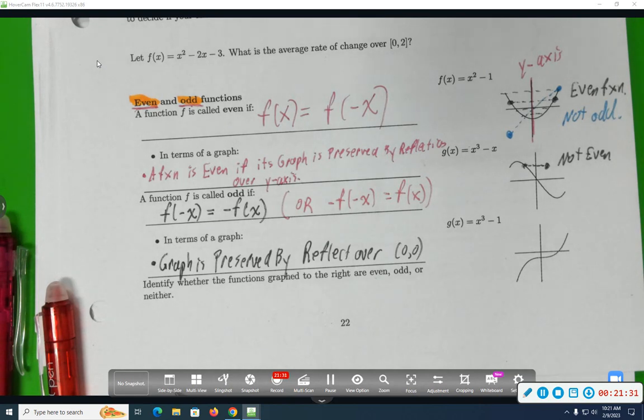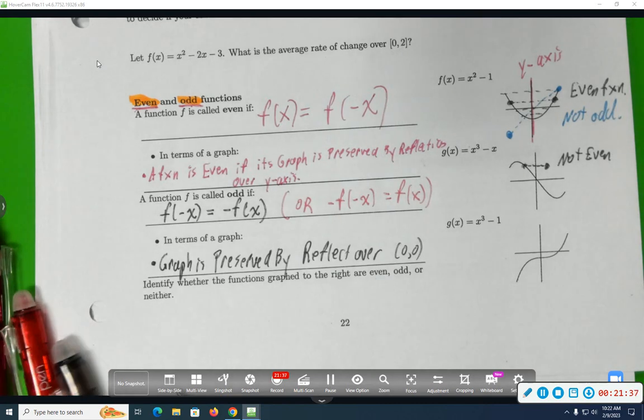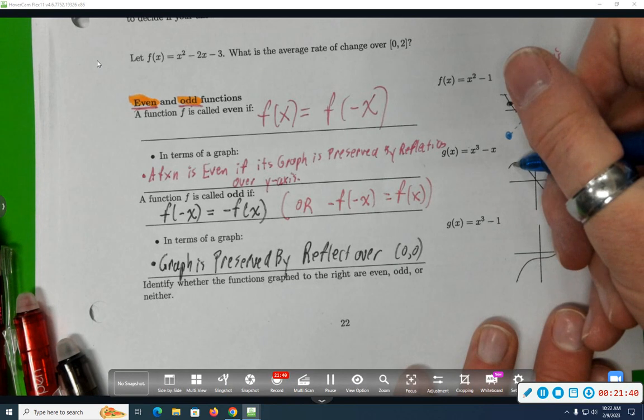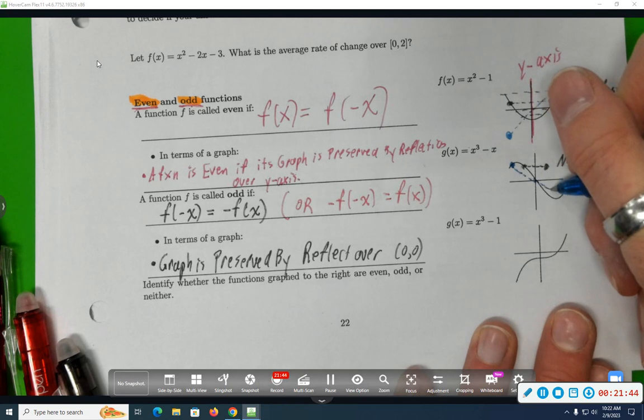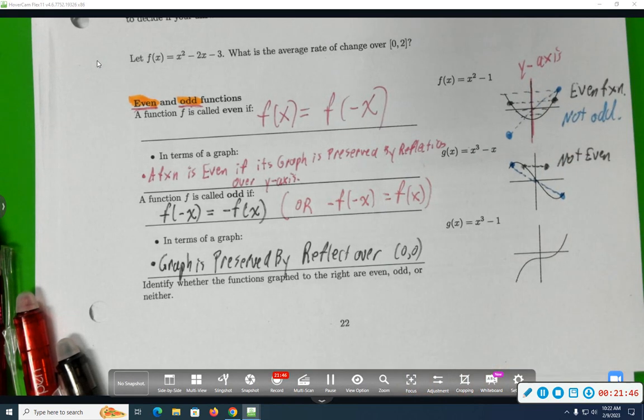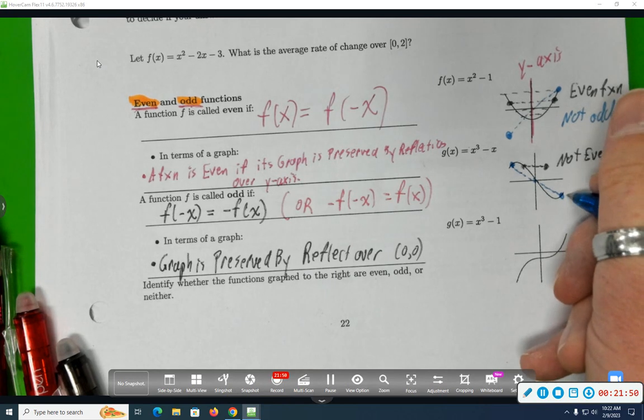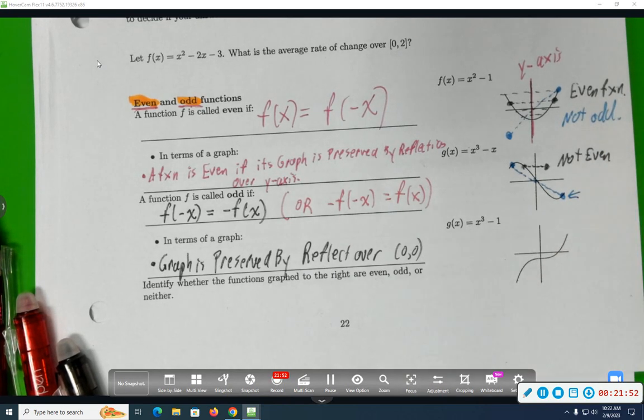So let's go through and do a quick check. Maybe I'll do it two different ways. I'm using blue for this check. Let's pick a point on this graph and reflect it over the origin. That means go through the origin and then go the same distance but the other way. Is this new point that you land on still on the graph of the function? Yep. And does that appear to happen no matter which point on the graph you took?